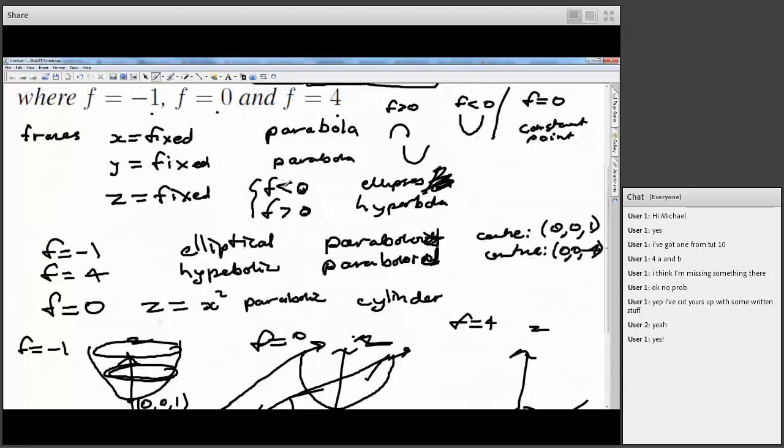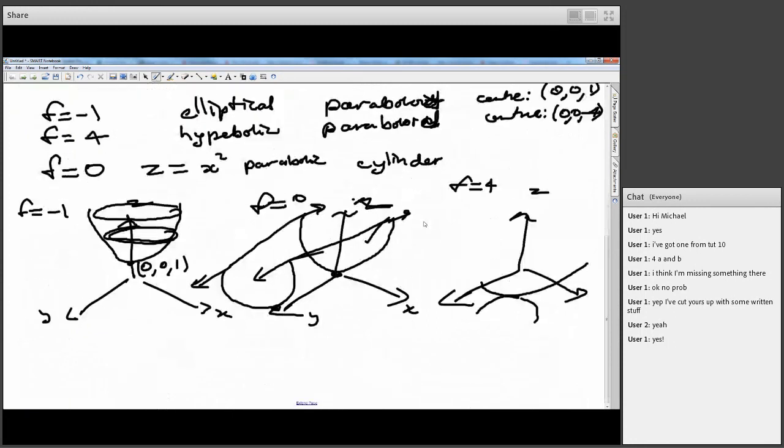So for fixed x's, when it's positive, you're going to get upside down. So that's the sort of idea of the saddle point. It's a pretty bad drawing, but that's the idea. So 0, 0, minus 4 is the key point. It goes the other way.